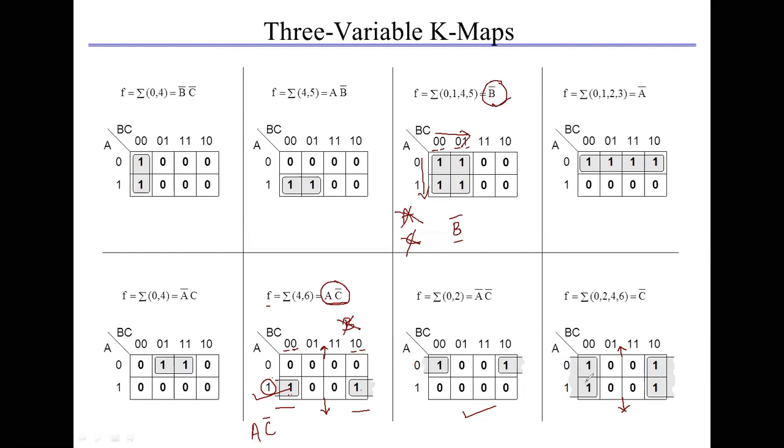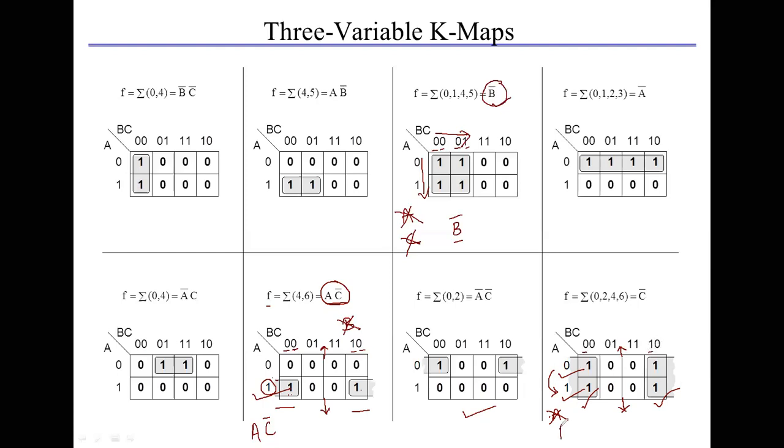So after this, we have to see this row, this column, and this column. As far as the area of the quad, we see that A is changing from 0 to 1. Therefore, A will get eliminated from the equation. We have to remove the A. Now let us see B and C. B is 0 here, but B has become 1 here.